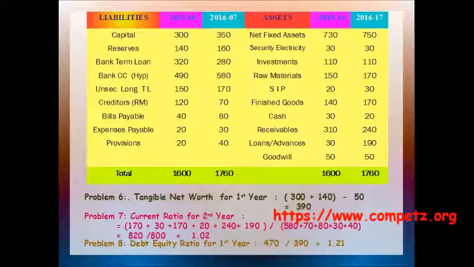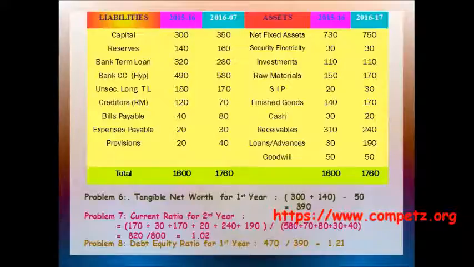You will just take 1600 minus your goodwill 50, that is 1550 will be your total assets, minus your total liabilities, which will be coming as long term loans plus current liabilities. So just we will see what is your long term loans and current liabilities. So 1600 is your total of balance sheet minus your capital, that is 300 and 140 of reserves. Rest all we are including. Okay, so 1600 minus 440, we will be getting as 1160.